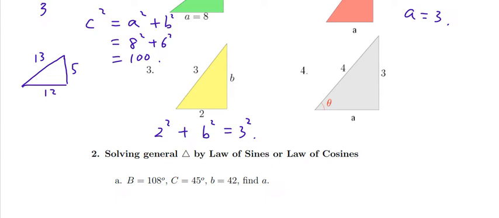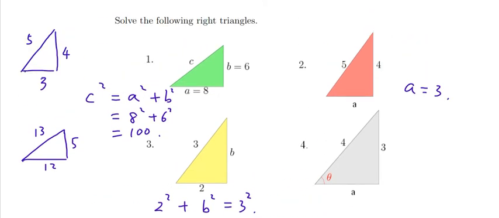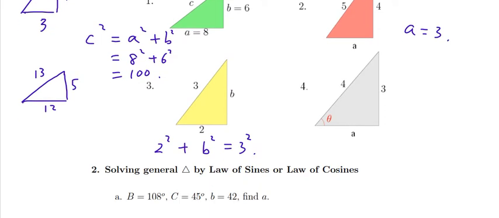Here, in 3, 4, 5, this 5 is the longest side, the hypotenuse. So if the sides are 3 and 4, this is not 5, right? For this one, we use A squared plus B squared, where B is 3, equals 4 squared.